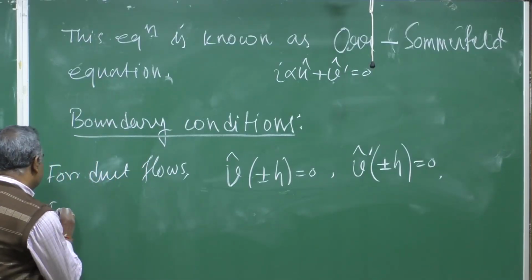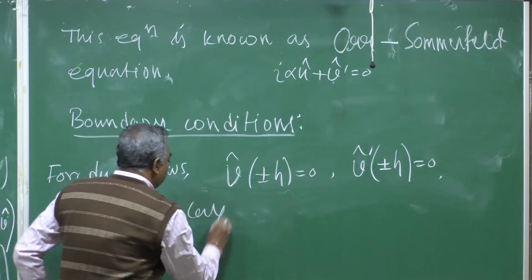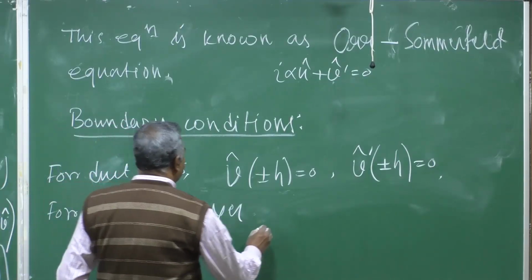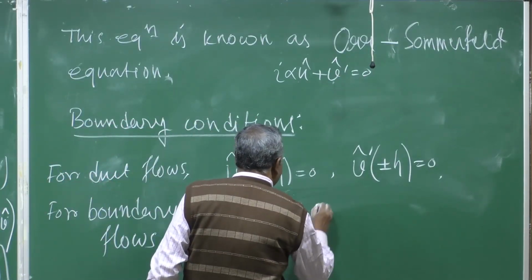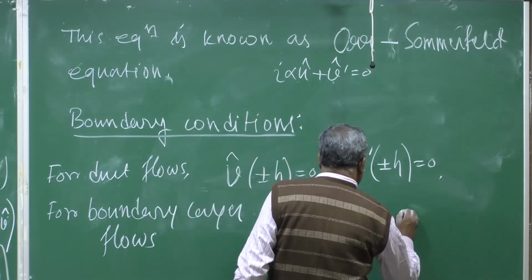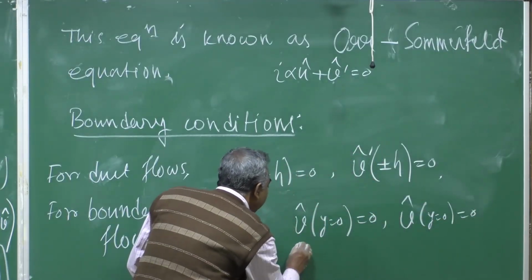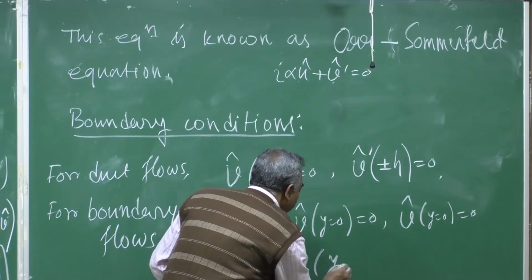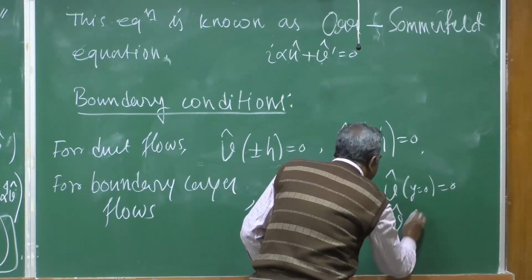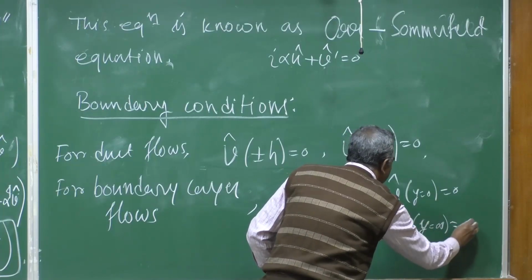So, for boundary layer flows, your boundary conditions are v hat at y equal to 0 is equal to 0, v hat prime at y equal to 0 is equal to 0, and v hat at y equal to infinity is equal to 0, v hat prime at infinity is equal to 0.